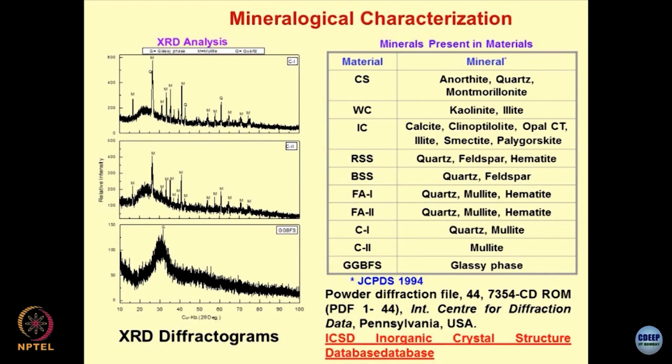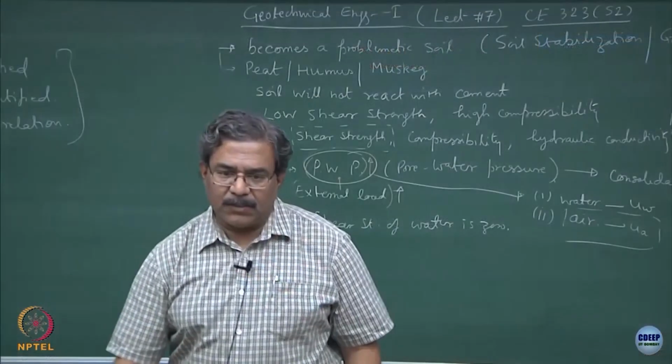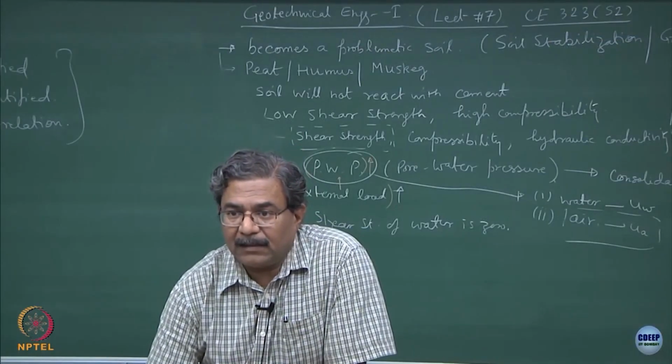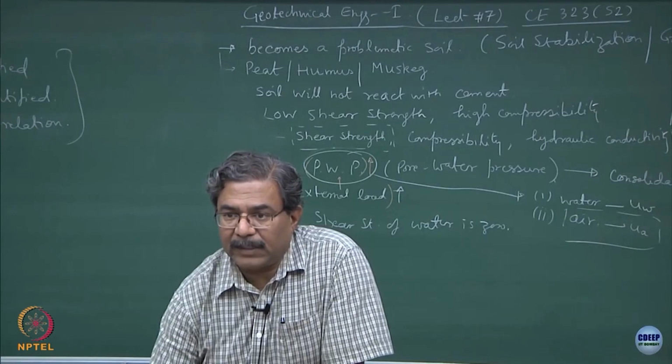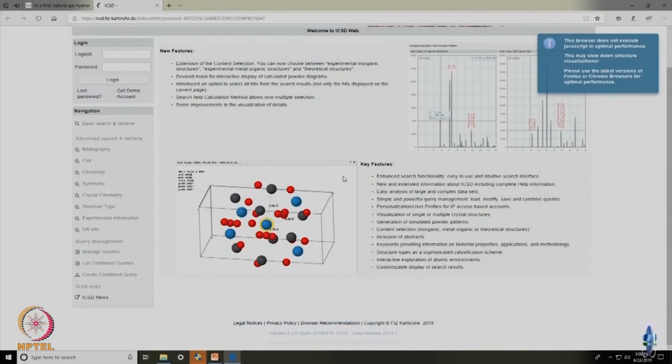So, if you click over here on ICSD, you will go to a web page which deals with the database of minerals. There was a time when my students used to sit down and match the d value up to the 4th decimal place. They used to spend months together. Now things are state of the art, it is a matter of a few minutes to get the results, but yes, how to use the results judiciously is a big question.